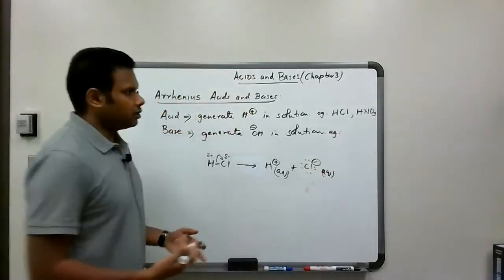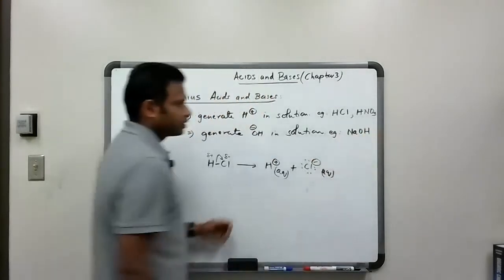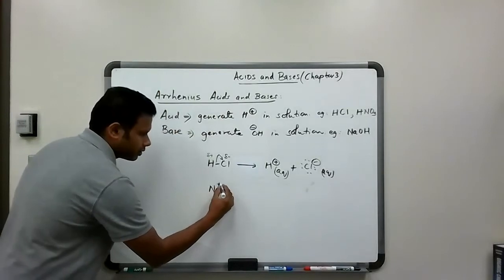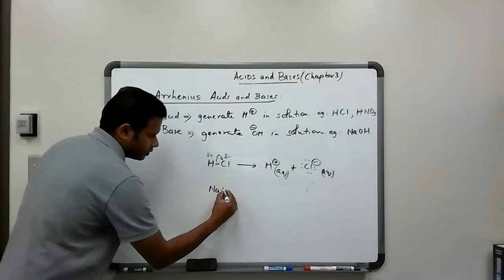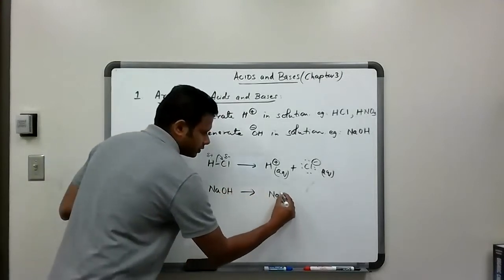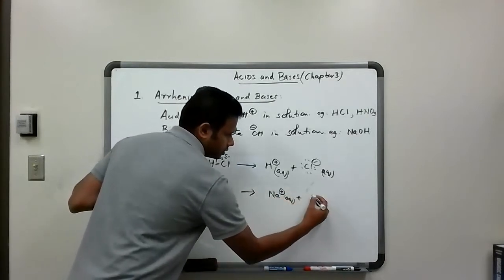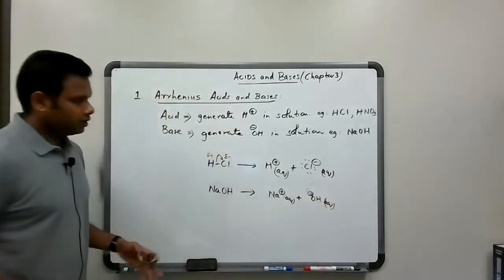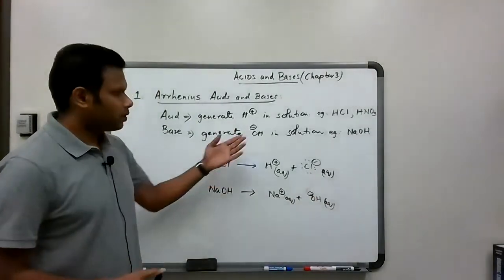Similarly, for a base, a lot of you would think about something like sodium hydroxide, okay? Because when it is in solution, we know that sodium hydroxide would give us sodium ions and hydroxide ions. So it generates hydroxides in solution, and so we can call it a base.